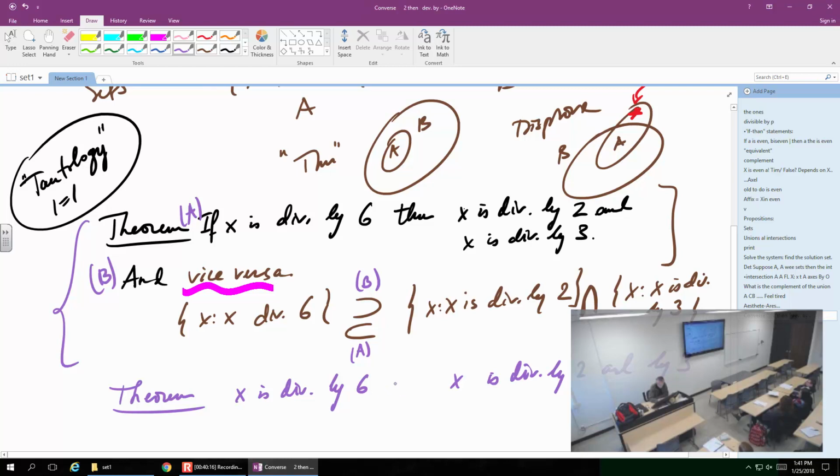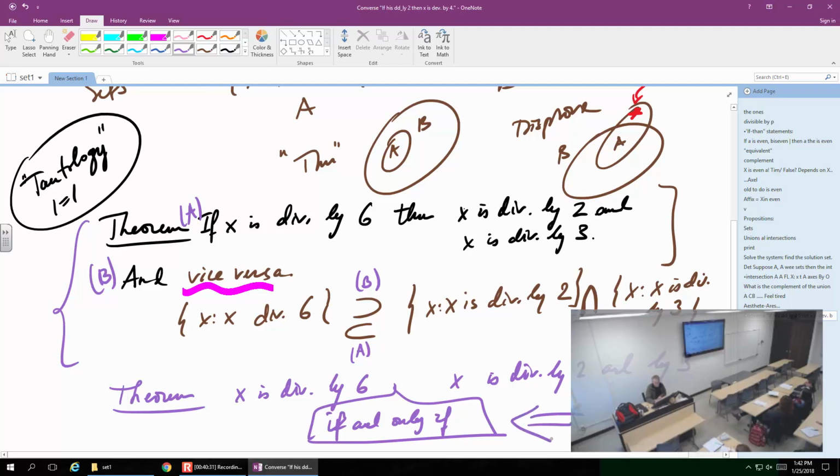I didn't have enough room here, so I have to write it. That's what if and only if means. You don't have to think too much about what these words normally mean, but if and only if means it goes both ways. It means that the two statements are equivalent, and it is a shorter way of stating that two-part theorem. You state it as a one-part theorem if you use if and only if.